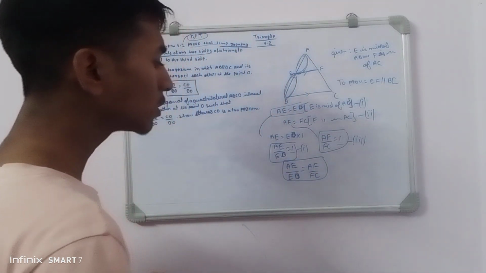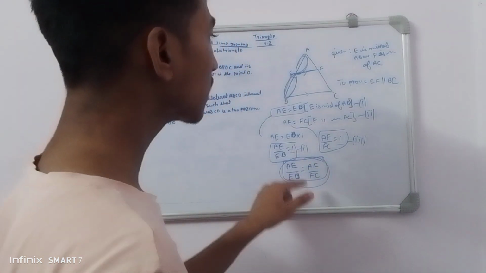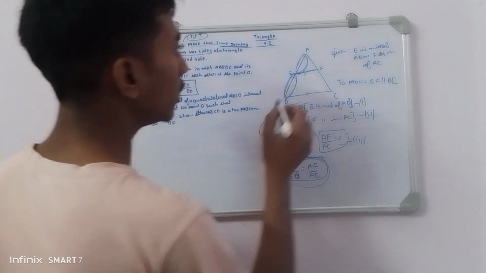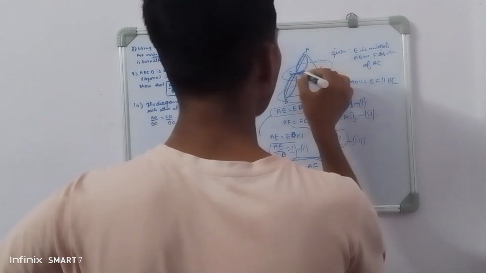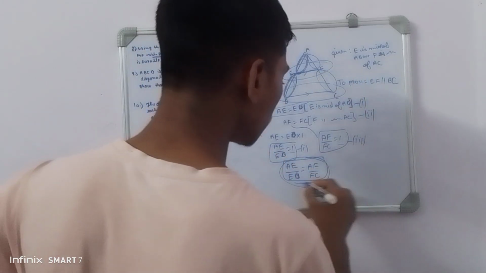Now you have reached this conclusion. So using the converse of BPT, you can say that EF is parallel to BC. So if EF is parallel to BC, then AE by EB is equal to AF by FC, and this is what we get.